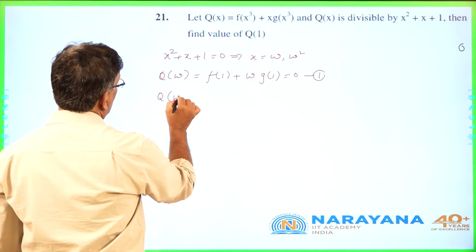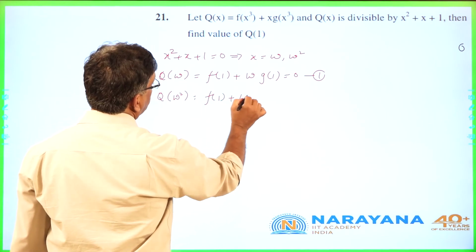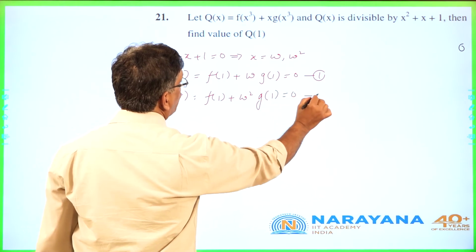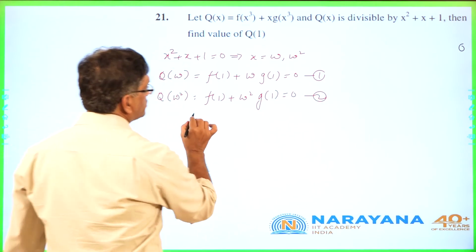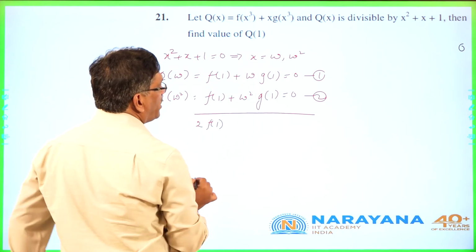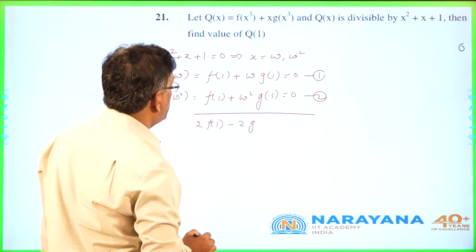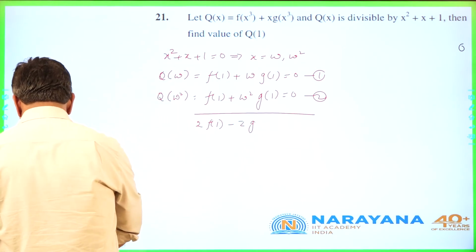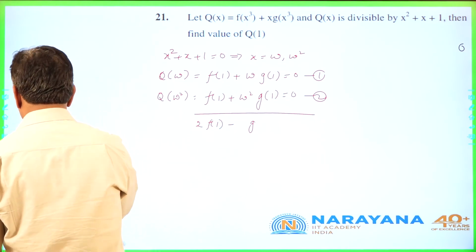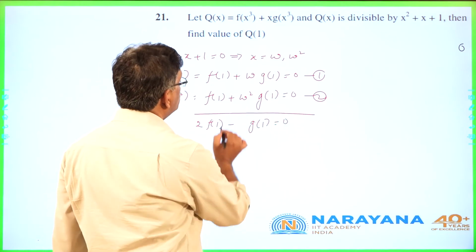Next, q of omega square is f of 1 plus omega square into g of 1, that is also 0. When you add, 2 times f of 1, omega plus omega square is minus 1, so g of 1 equal to 0.